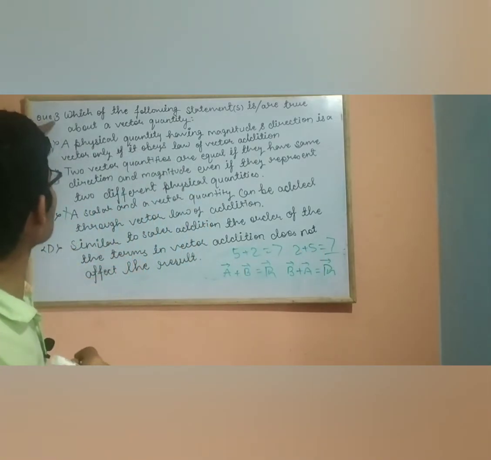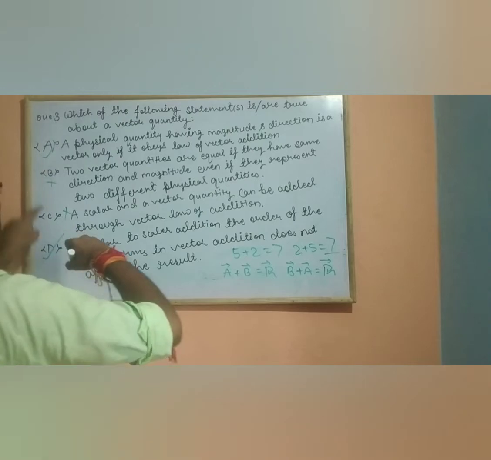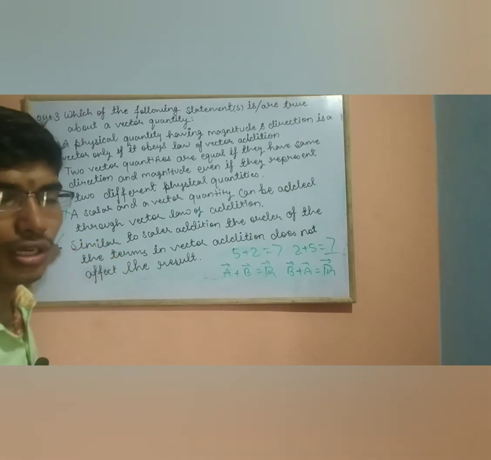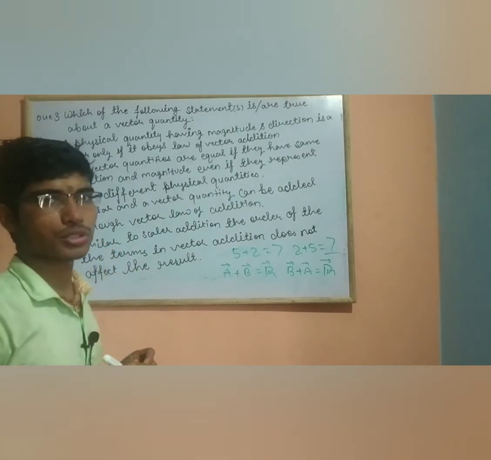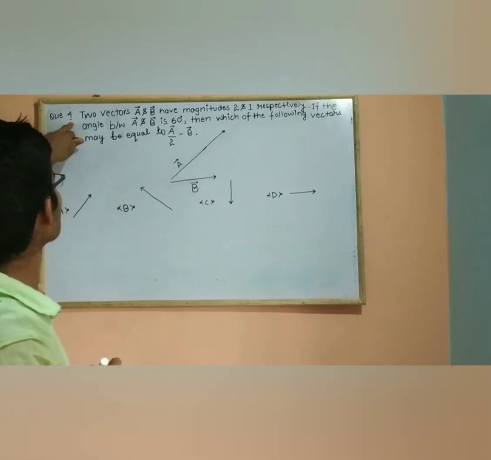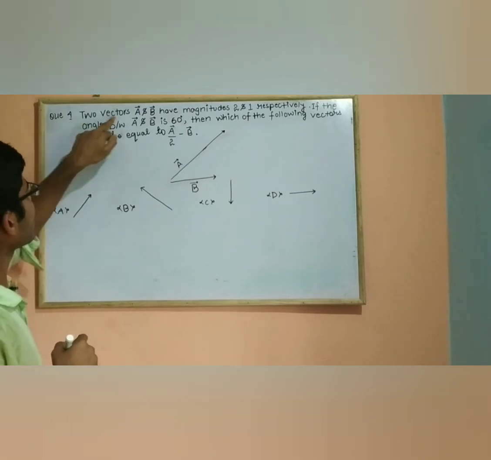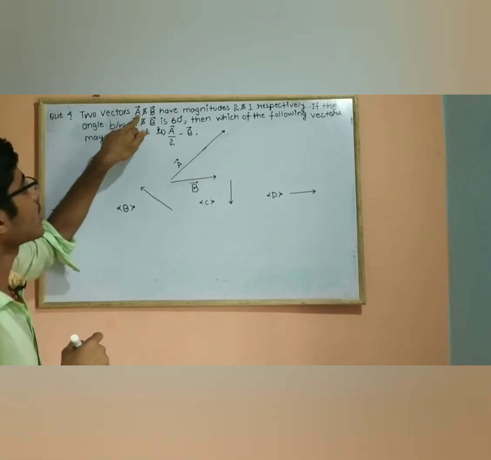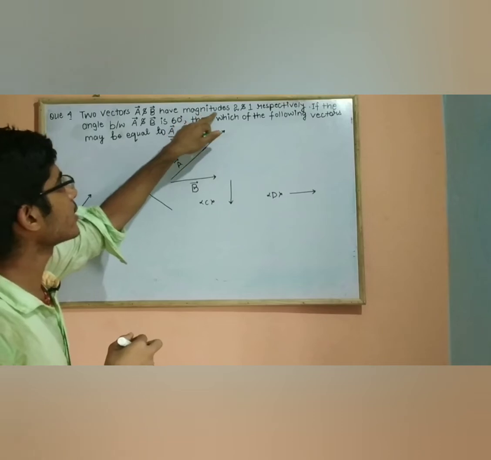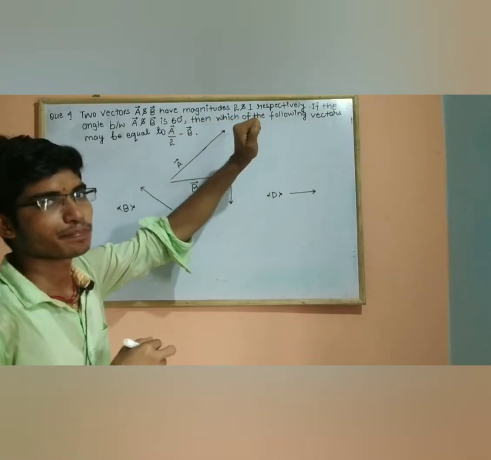So in question number 3, we have two correct options, that is A and D, and B and C are wrong. Let's move to the 4th question. Question number 4: we have two vectors, A vector and B vector, with magnitudes 2 unit and 1 unit respectively.